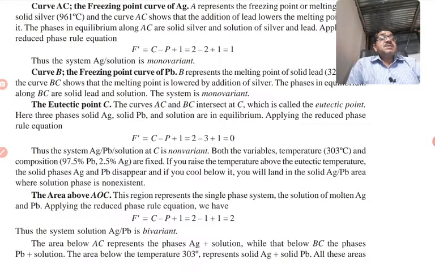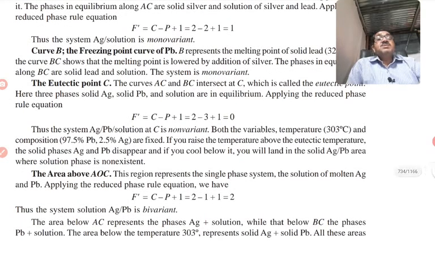Both the variables, temperature 303 degrees centigrade and composition 97.5% Pb, 2.5% Ag, are fixed. If you raise the temperature above the eutectic temperature, the solid phases silver and Pb disappear, and if you cool below it, you will land in the solid AgPb area where the solution phase is non-existent.